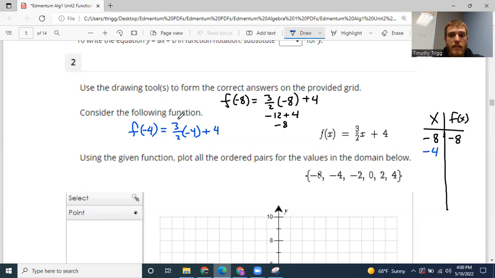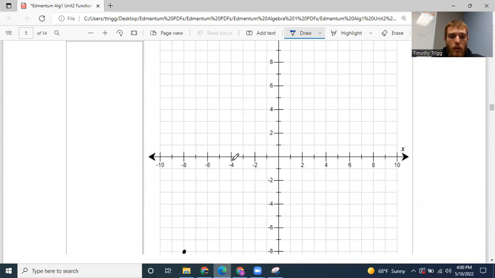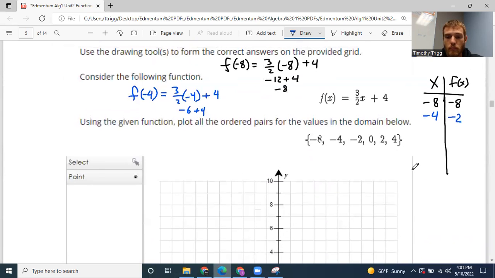So again, to multiply a whole number times a fraction, multiply times the top, divide by the bottom. So -4 times 3 is -12, divided by 2 is -6. -6 plus 4 gives me -2. -4, comma, -2. So my next point would be right here.